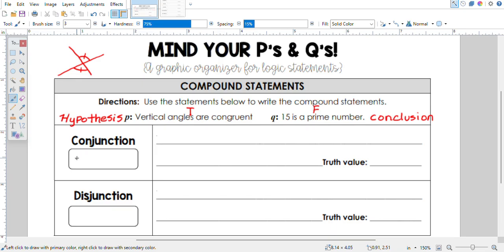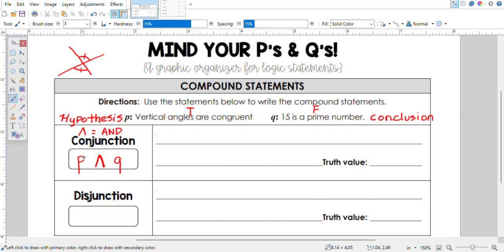So I'm going to start with the conjunction. A conjunction is written as P and Q. Now, you see this little arrow or caret, however you want to refer to it, this little arrow that is pointing up, we think of that as "and."